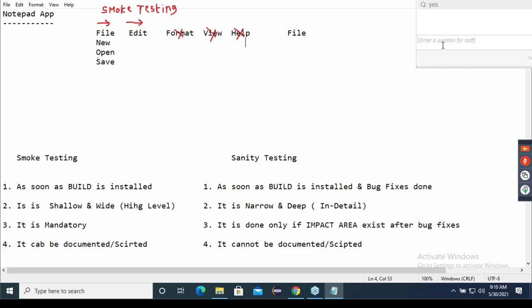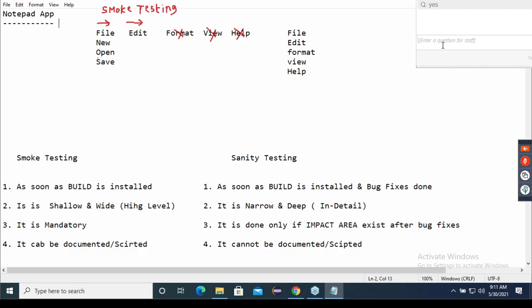Also, I will write one test document for edit. Also, I am writing one test document for format. You have to remember this very carefully. Concentrate here. You have to write one test document for view also. How to write? I'll show you when we start the topic. For save also. Like that, for help also, I am writing one test document.